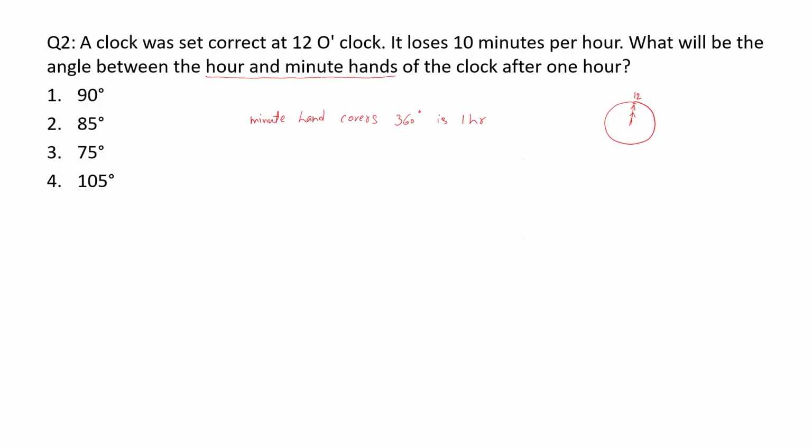Because in 1 hour, it starts from here and comes back to that point. So after 1 hour, it will take this full round, and this full round is 360 degrees. So in 1 hour, it covers 360 degrees.